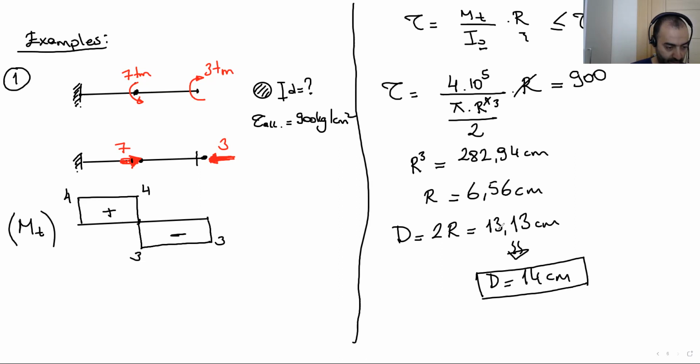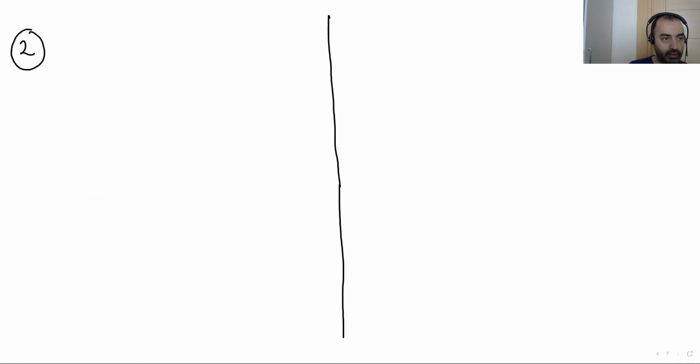Let's do another example. For the second example, we have a beam like this. Here is 7 meters.